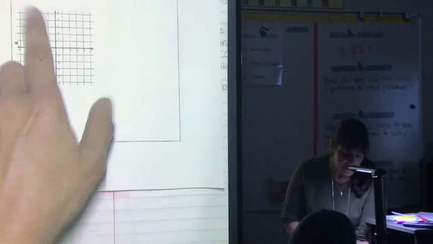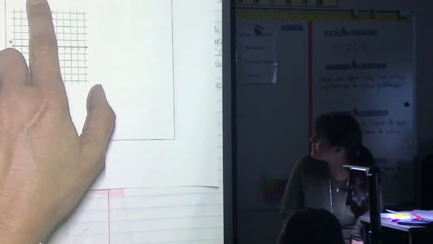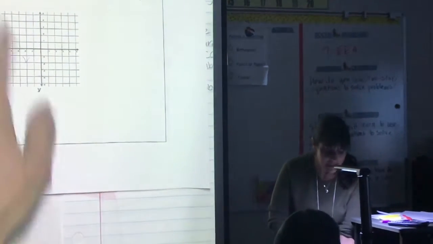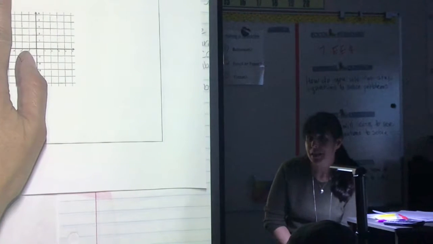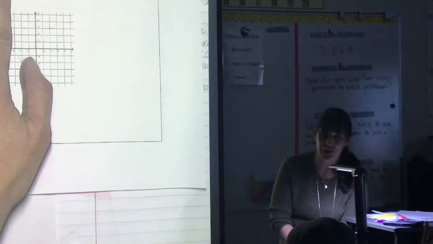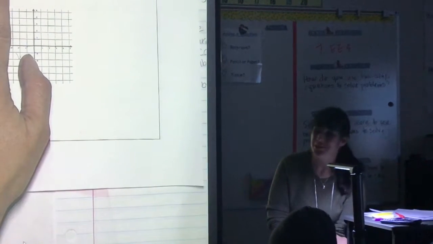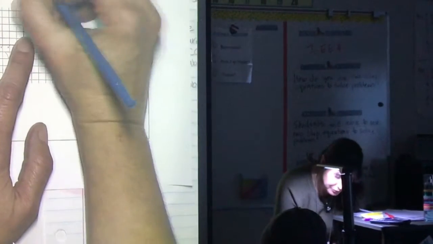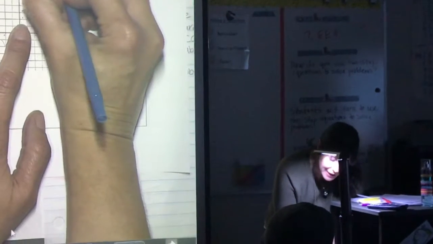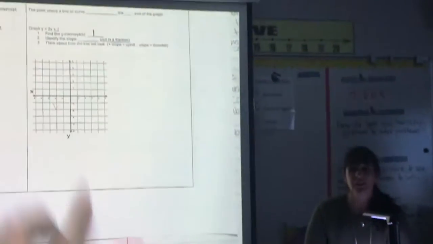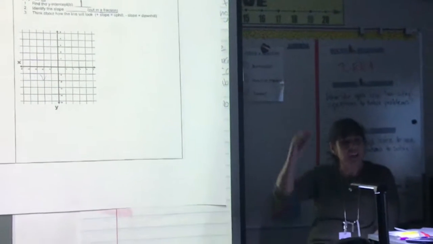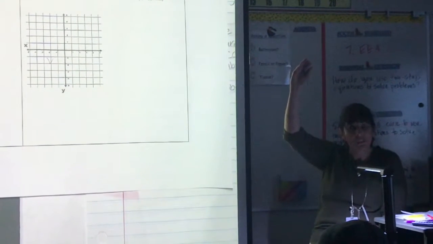Okay. So now we're going to identify the slope. Now the slope is on that same side, but it is attached to the x. 2. So class, what's the slope? 2. And we have to put that in a fraction. So can I have a volunteer raise their hand and tell me, how do you make a whole number a fraction?